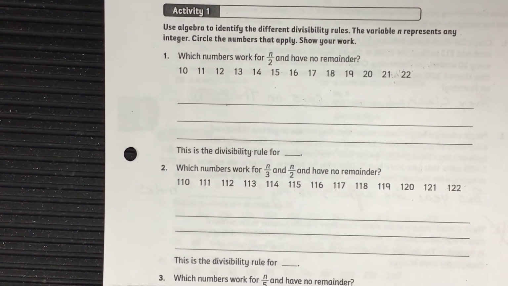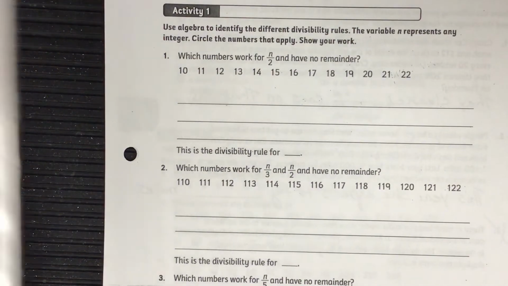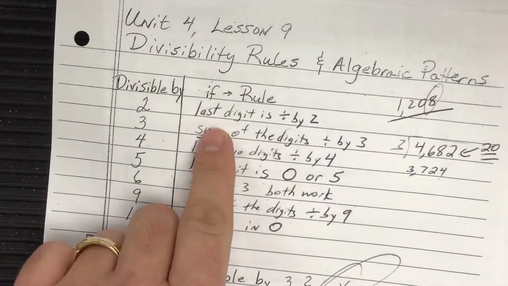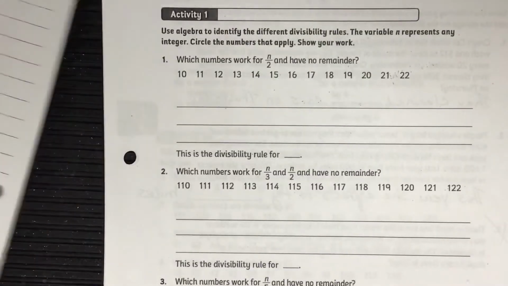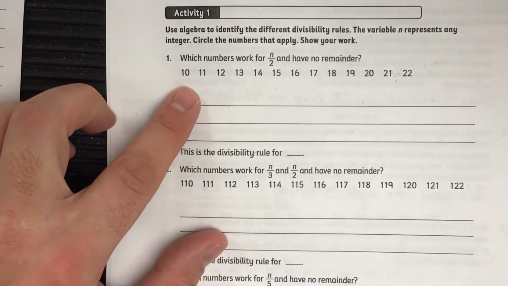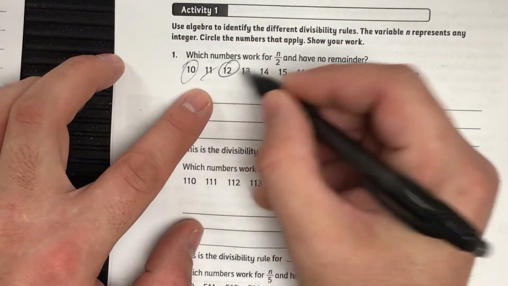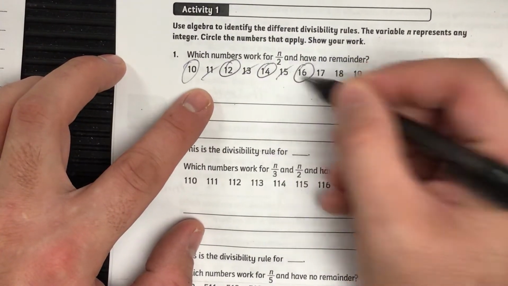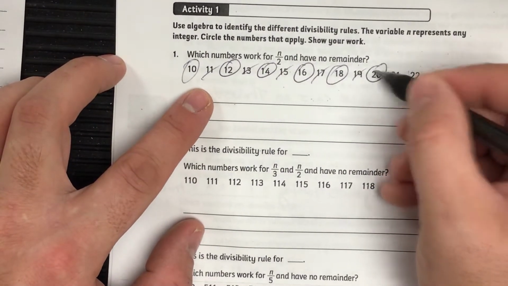So which numbers does n divided by 2 work? So which ones will 2 go into? Well, what's the rule for 2? Remember? Last digit is divisible by 2. So does 2 go into 10? 11? 12? 13? 14? 15? 16? 17? 18? 19? 20? 22?